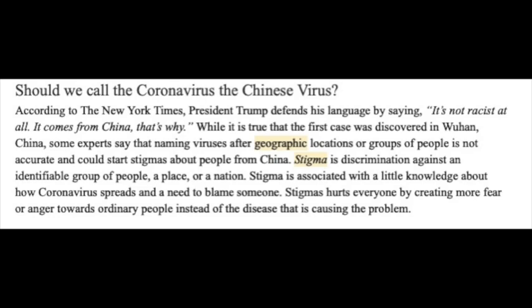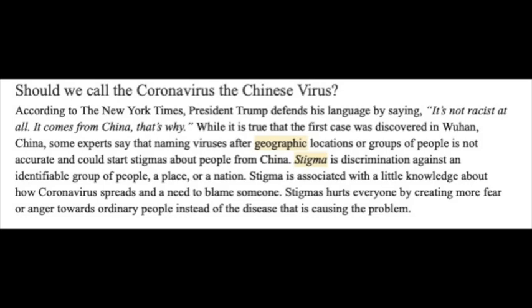Should we call the coronavirus the Chinese virus? According to the New York Times, President Trump defends his language by saying, "It's not racist at all. It comes from China. That's why." While it is true that the first case was discovered in Wuhan, China, some experts say that naming viruses after geographic locations or groups of people is not accurate and can start stigmas about people from China.